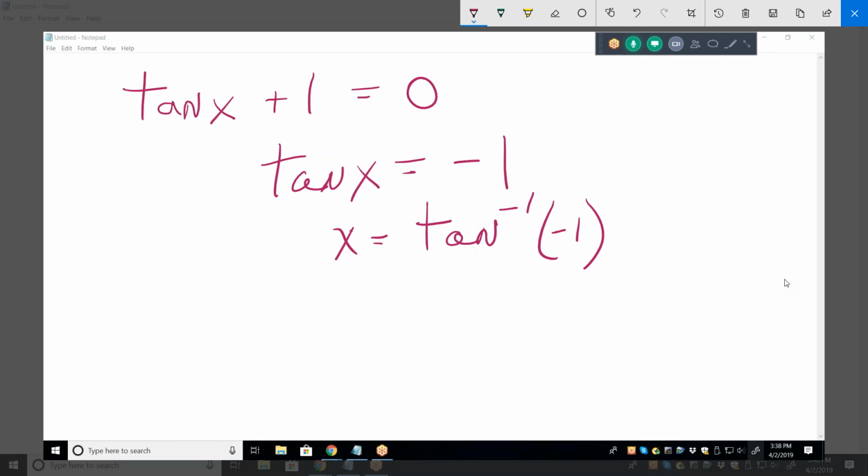So, the one thing we know, let's talk about this. Tell me which two quadrants where tangent is negative. Quadrant 2 and quadrant 4.